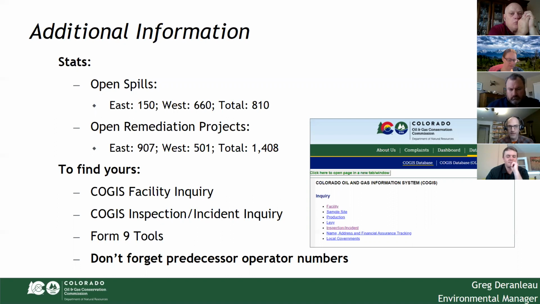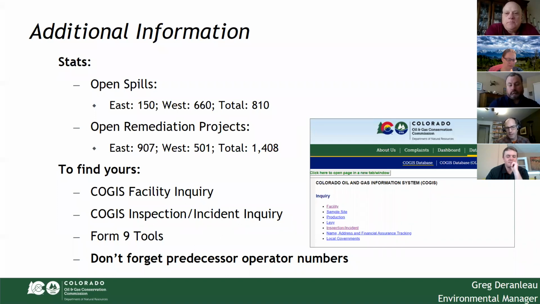Some tips on finding yours. Use the Colorado Oil and Gas Information System, or COGCC facility inquiry. Use the COGCC inspection incident inquiry. And also the Form 9 tools that we just released are a good way to search for your projects associated with your assets as well.